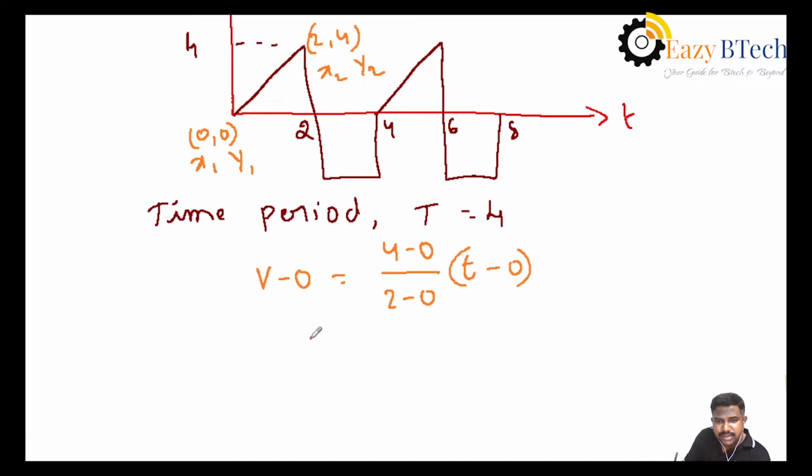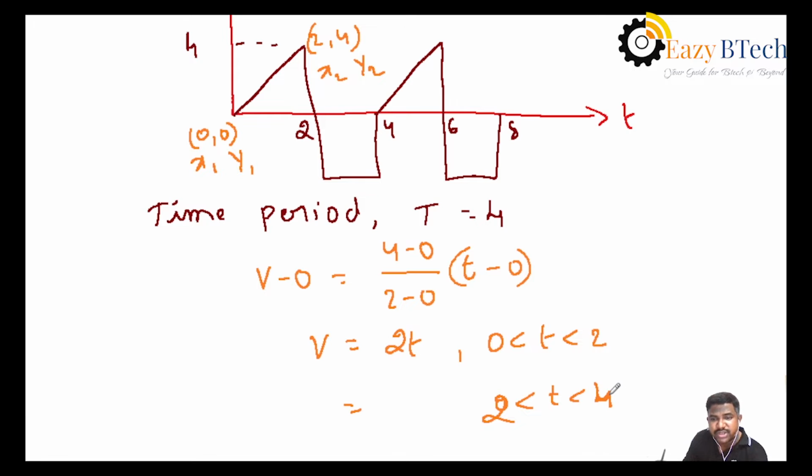Then V equals 4 by 2, that is 2t, when 0 less than t less than 2, and also when 2 less than t less than 4. Why? Because you can find the equation up to 4. What is the reason? Our time period is 4. That's why up to time period 4, you can find the equation of the waveform.